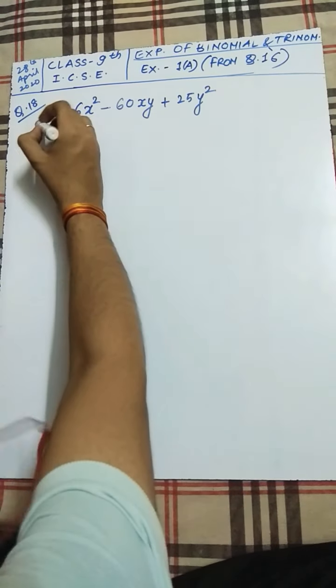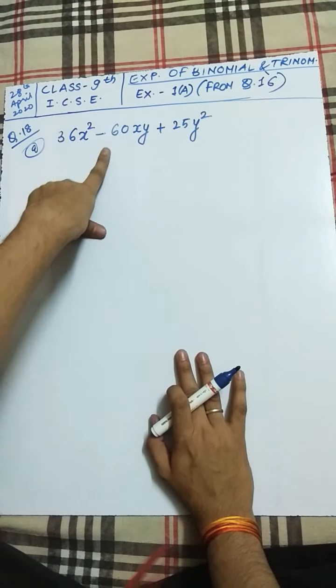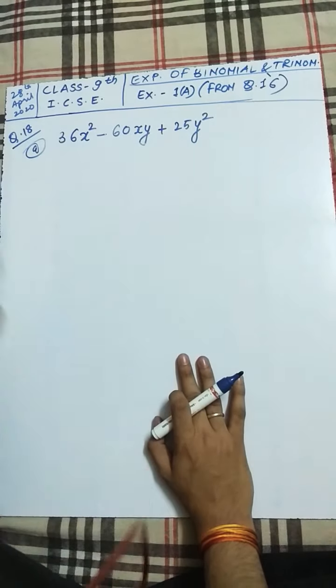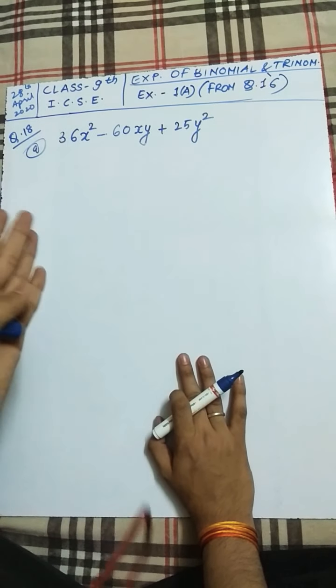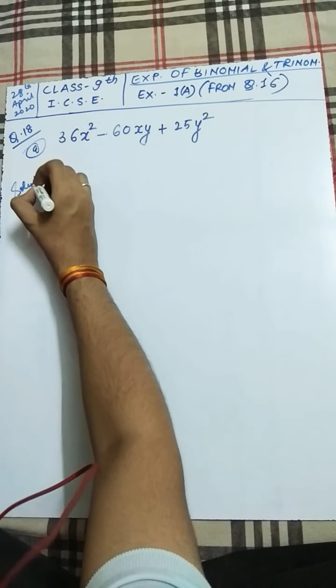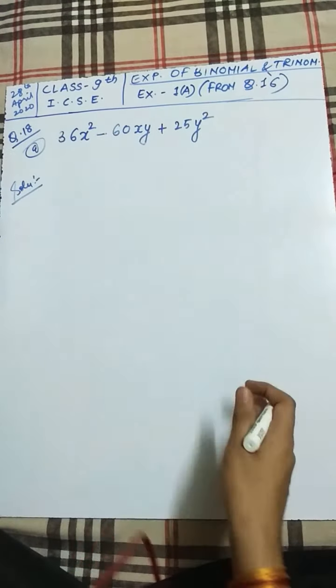Okay, no problem. Let us see the first question I've written. This is 36x square minus 60xy plus 25y square. Now let us check whether it is a perfect square or not. I told you what we have to do. You just find which is a square and which is b square.